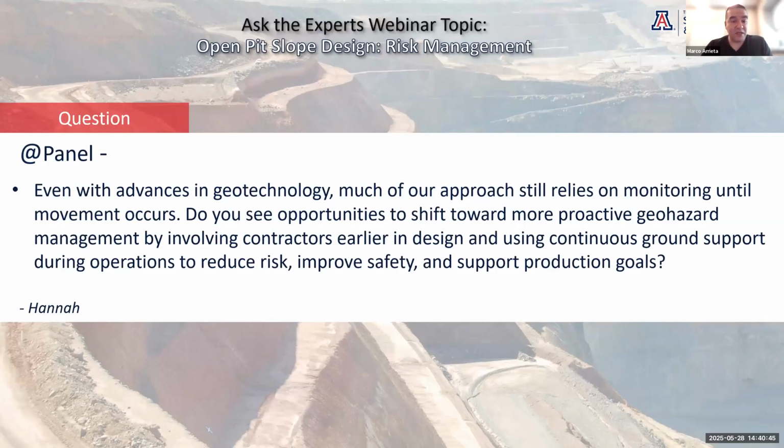That can be just a redesign, a design change, but it needs to be incorporated in your life of mine, because you don't want, in that operational execution phase, to raise your hand and go to upper management with a suggestion that you need to step out, and that is going to cost a $100 million loss in revenue. So collect your data beforehand, identify your hazards during your design phase, plan for it, design your instrumentation, and then react accordingly with your data.